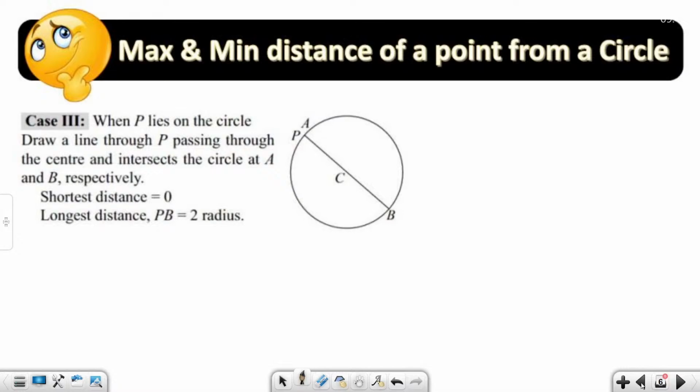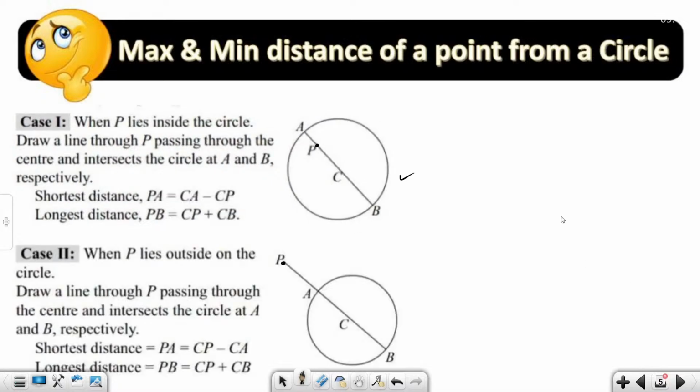So, in all these 3 cases, your minimum distance is always equal to modulus of CP minus radius, and your maximum distance is always CP plus radius. Please do remember this.